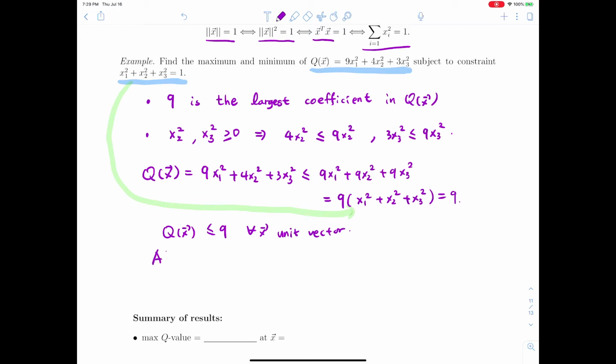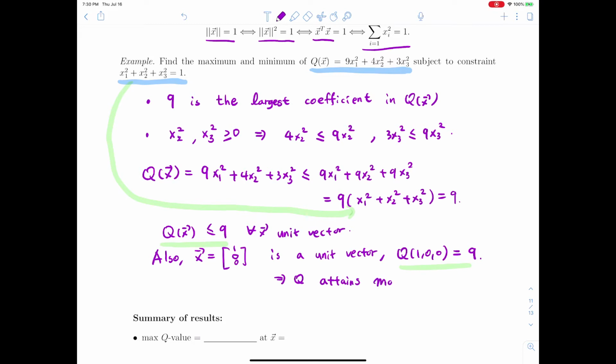If you plug in x equals (1, 0, 0), then this is a unit vector. If you calculate Q of (1, 0, 0), this gives you just 9. Combining this and that, we can tell that the quadratic form Q attains the maximum value 9 at x equals (1, 0, 0).